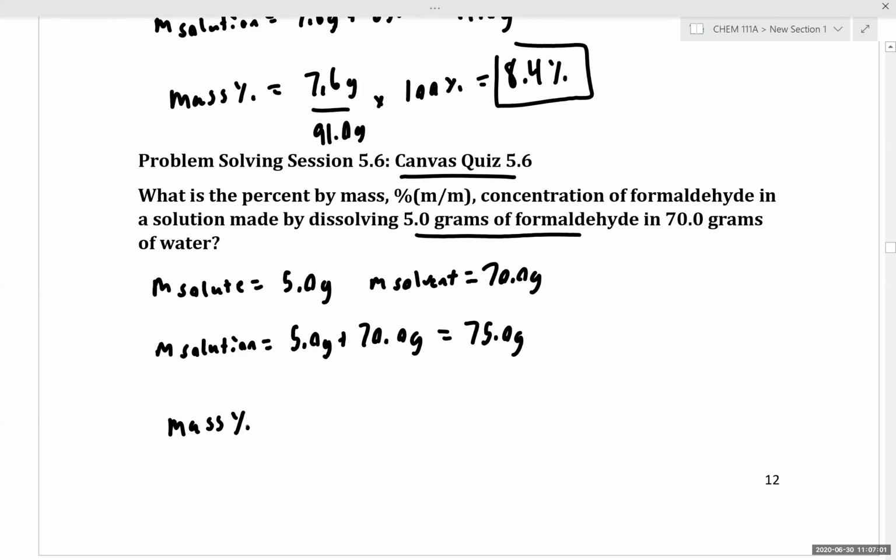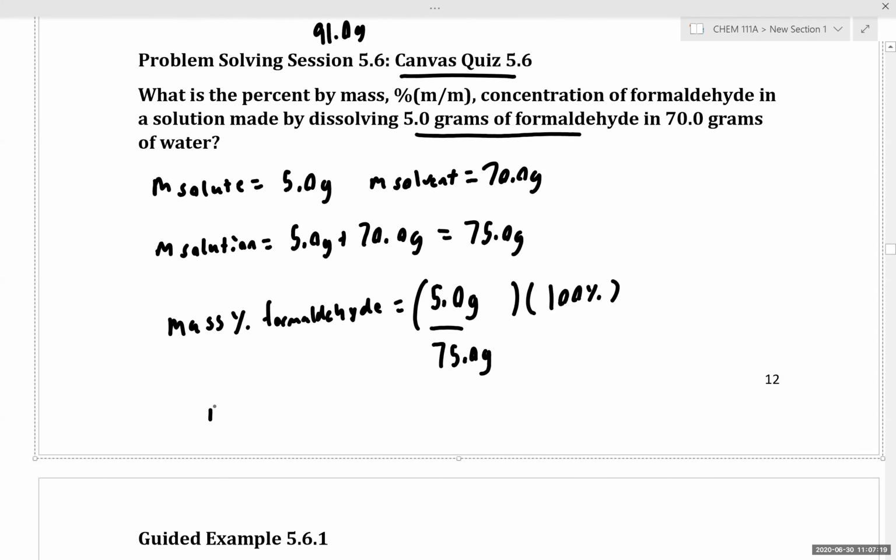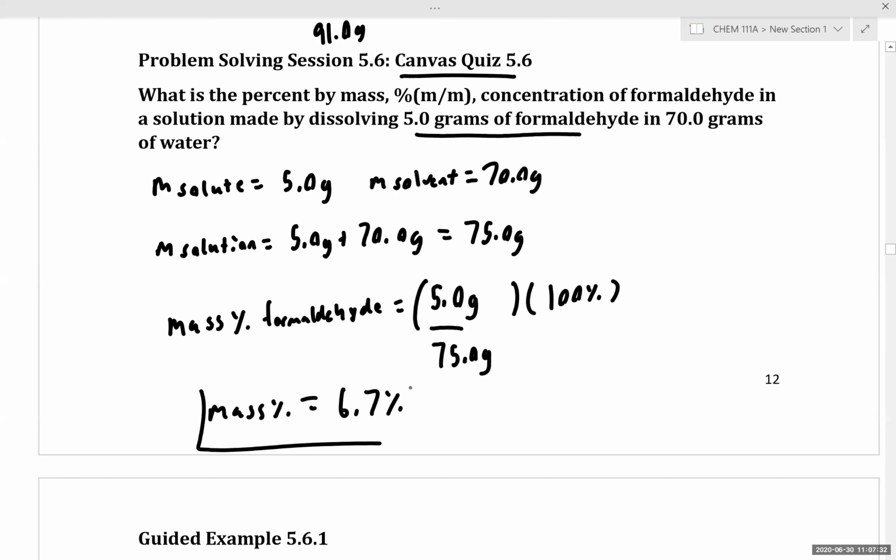Ergo, the mass percent of formaldehyde, which is our solute, is equal to 5.0 grams over 75.0 grams times 100%. Okay, and that in turn gives us a mass percent of 6.7%. Perfect. Any questions on this example?